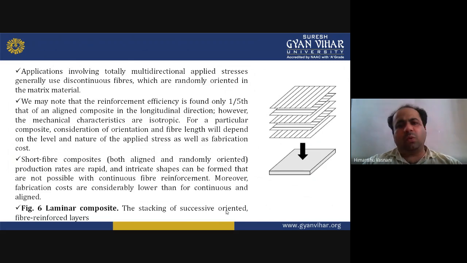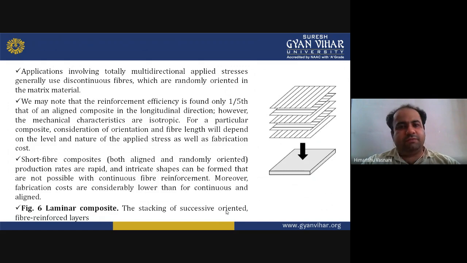Applications involving totally multi-directional applied stresses generally use discontinuous fibers, which are randomly oriented in the matrix material.